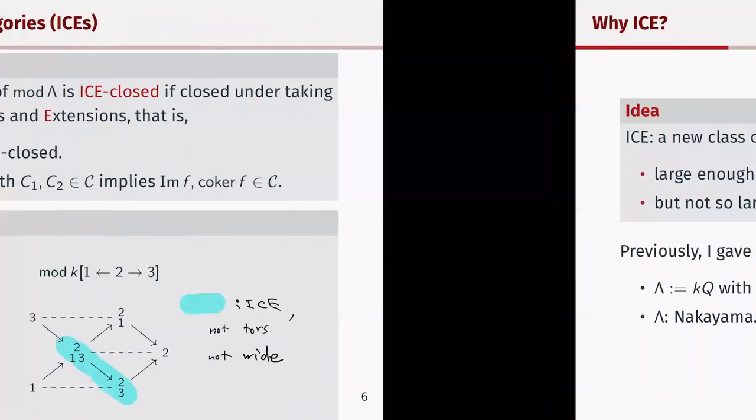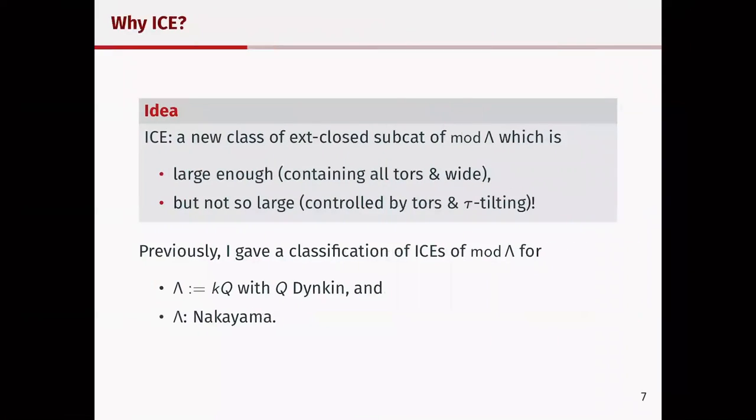And this is the new class which I introduced, and maybe this is the reason why I started considering ICE closed subcategories. An ICE closed subcategory is a new class of extension closed subcategory of module category, which is large enough but not so large.